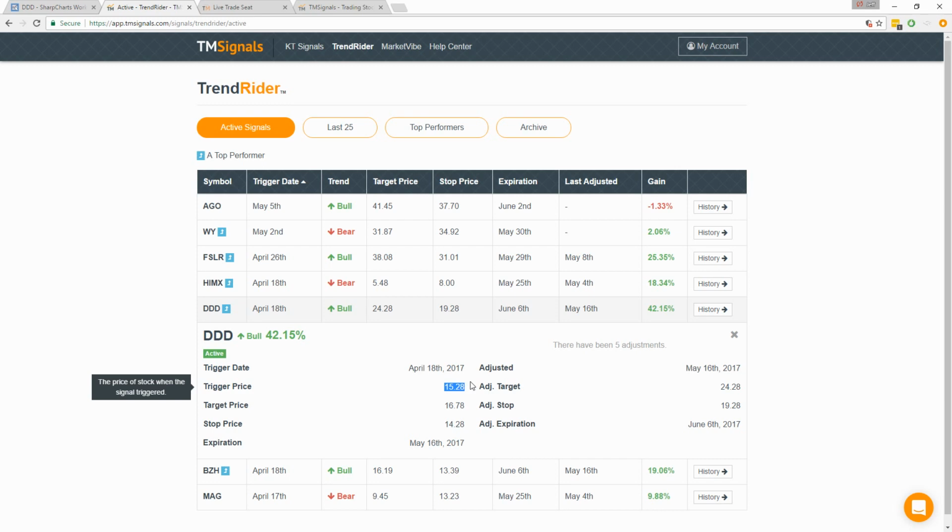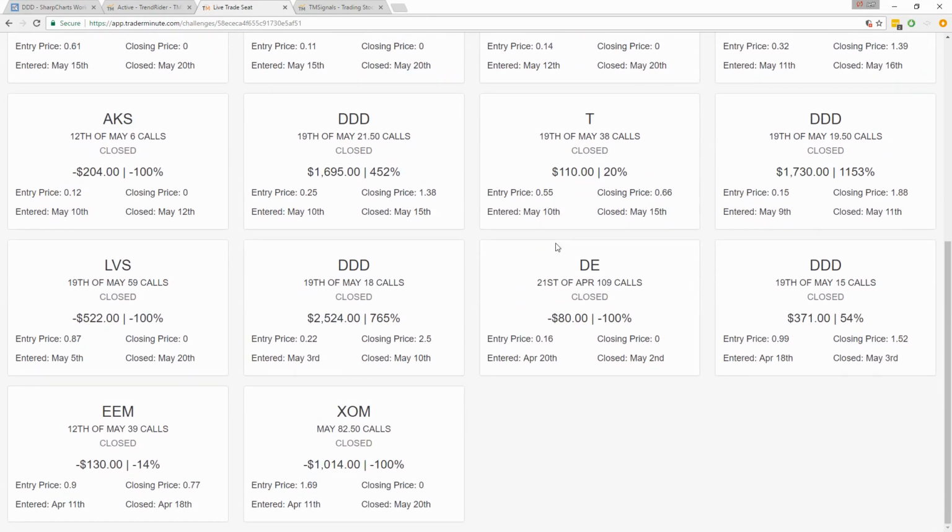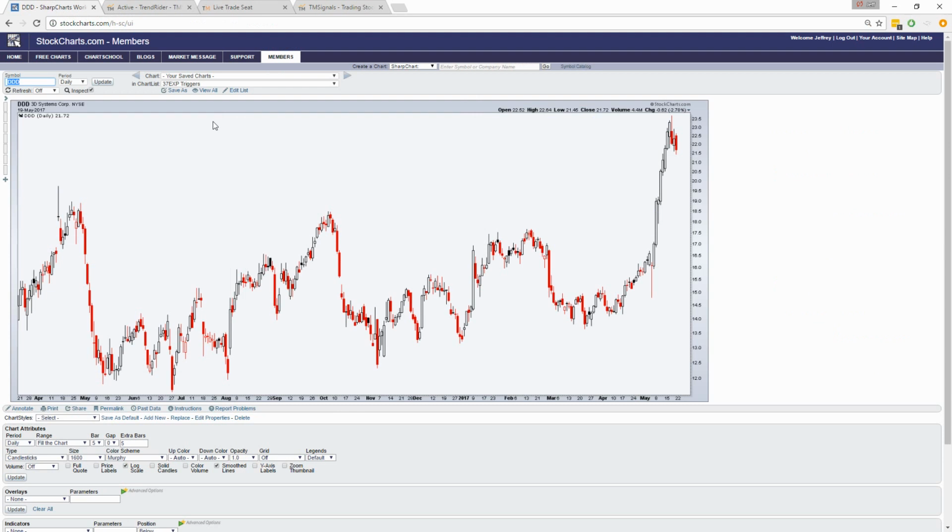I have the data here from Trader Minute when I made the trade. You can see I got into the trade right back here, at 99 cents on April 18th, and I bought the May 19th 15 calls. So I bought some call options and said, all right, let me play the Trend Rider signal.